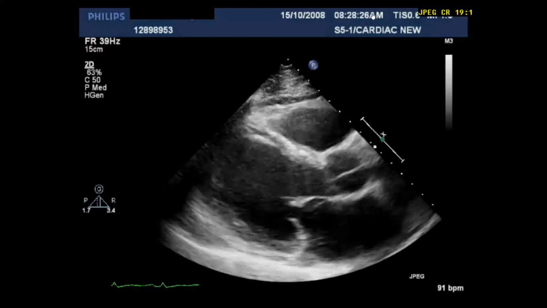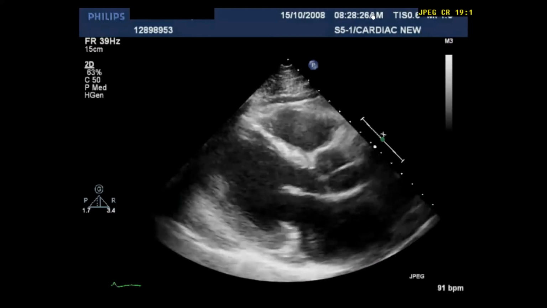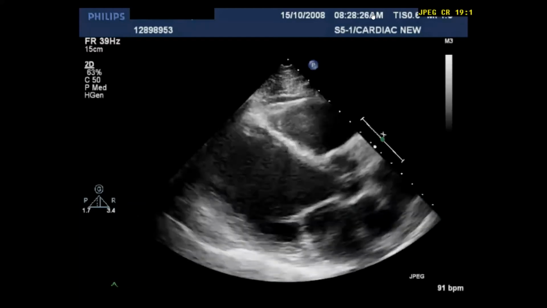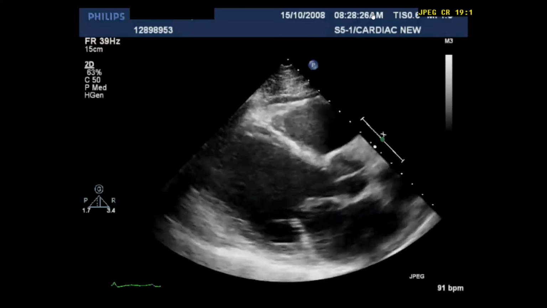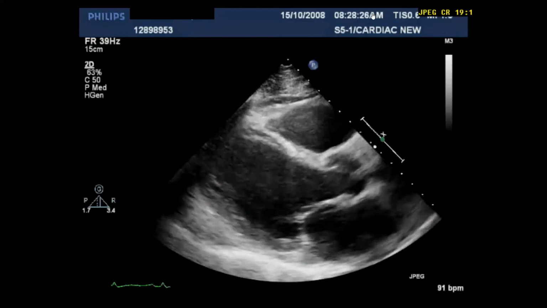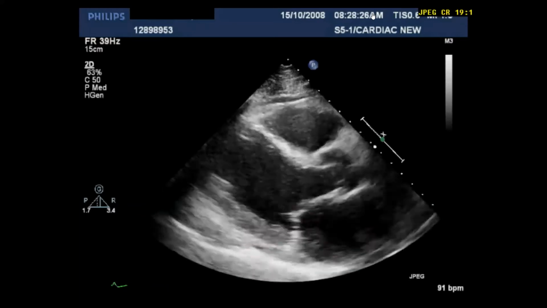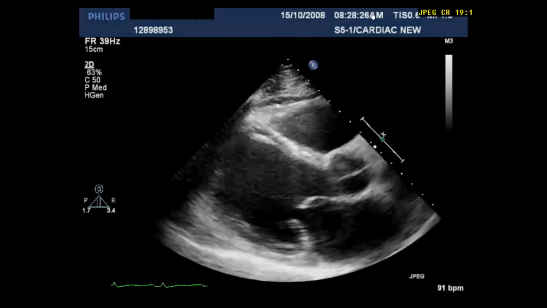This transthoracic echo is showing a long axis view. The posterior hypokinetic area, posterior with two-thirds posterior mitral leaflet.